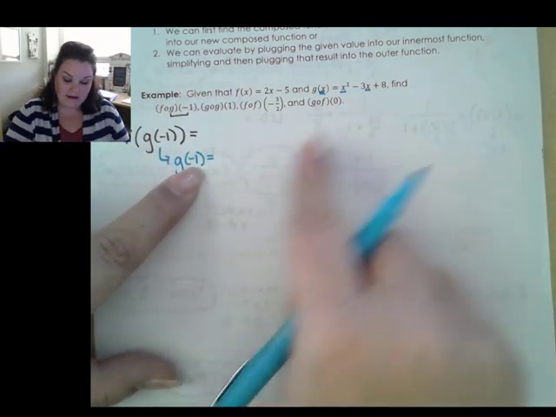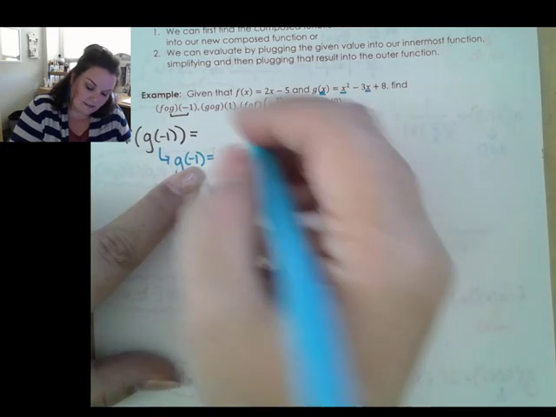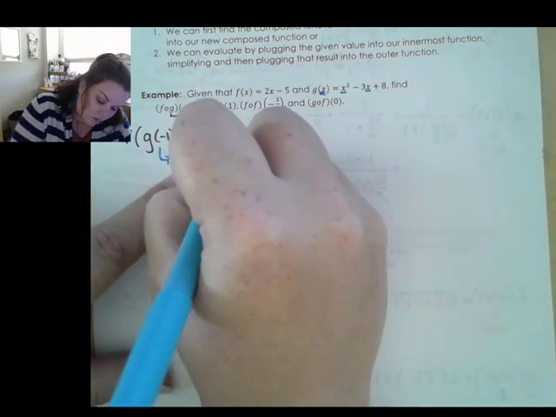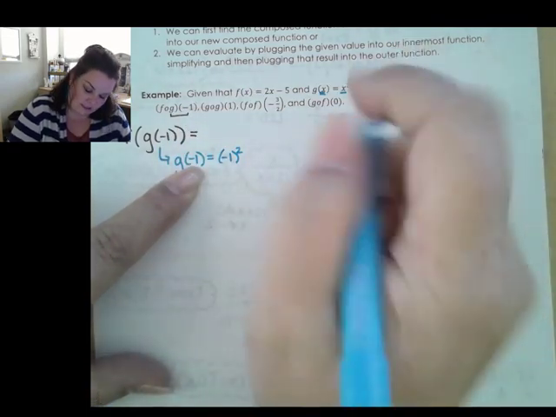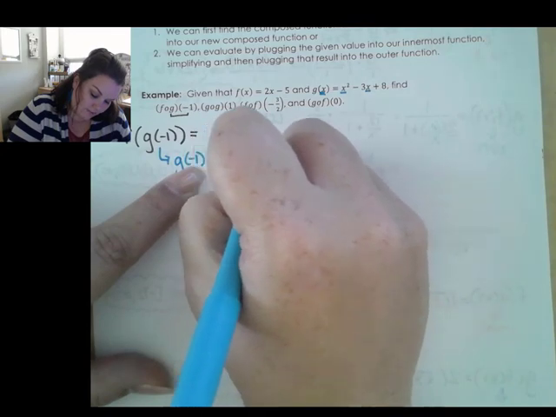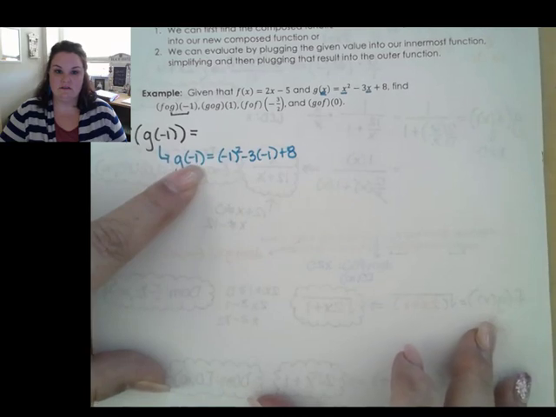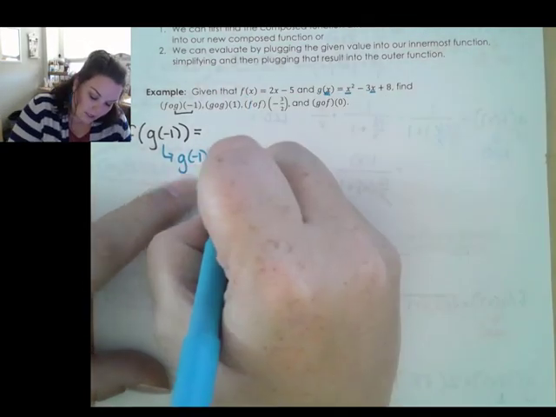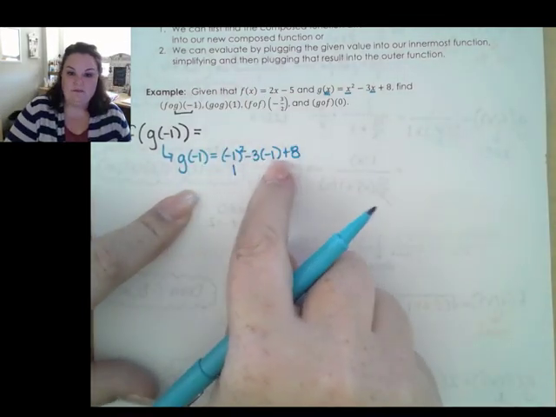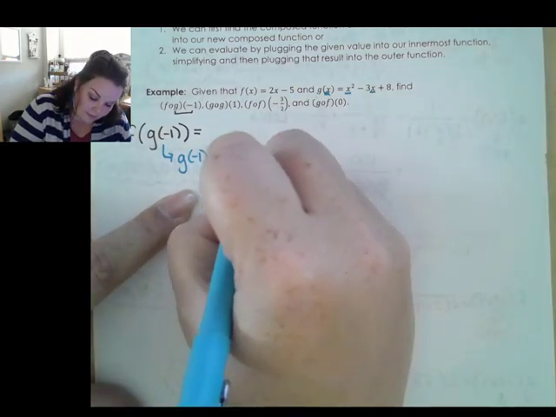So I'm plugging a -1 in everywhere I see an x. So that's going to give me -1 squared minus 3 times -1 plus 8. And then I'm just going to simplify this. -1 squared is a +1. -3 times -1 is a +3.